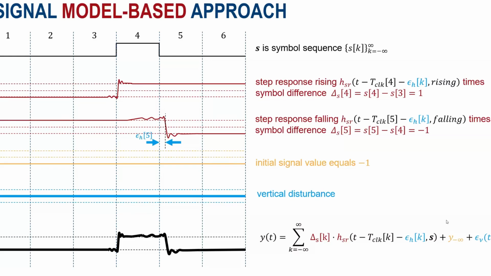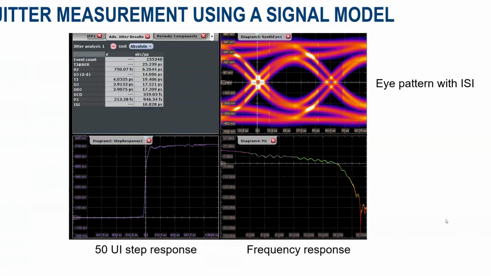So what does this kind of look like? If you were to measure a signal, and this is a 16 gigabit signal, NRZ, that's measured using this methodology. There's a couple of different displays shown here, but this is actually a view of what the analysis software looks like. On the bottom left here is the actual step response. So you can see this is actually 50 unit intervals long.